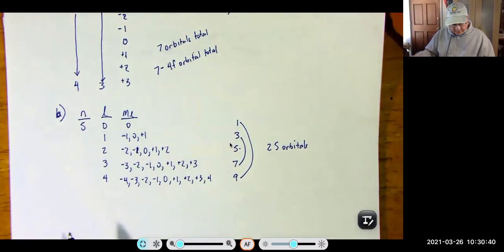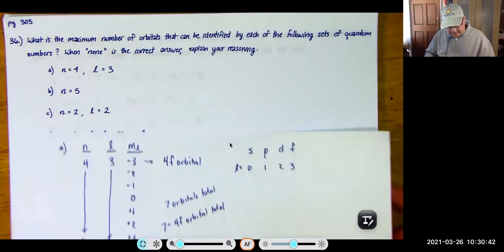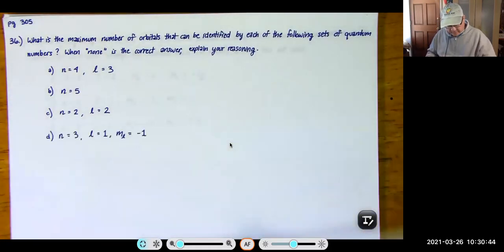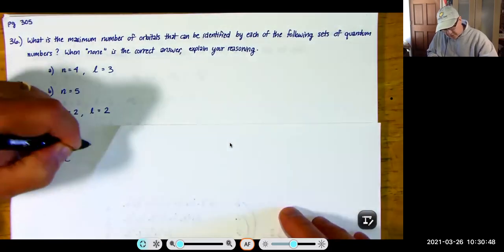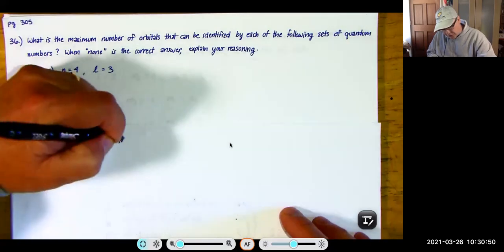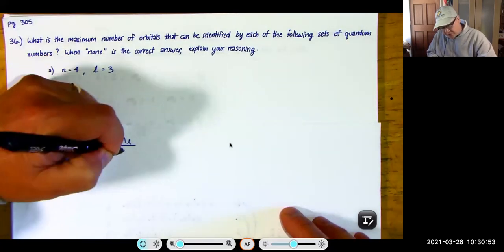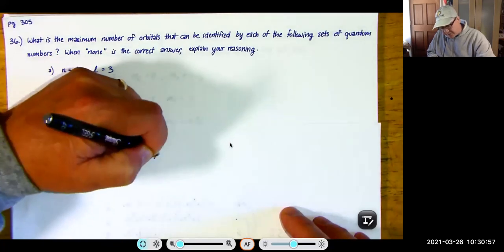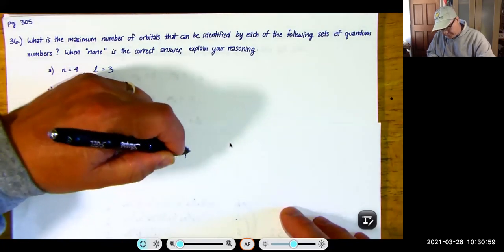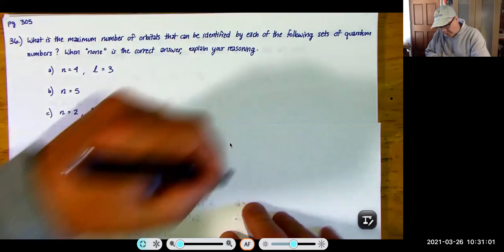Okay, so letter C. For n = 2, l = 2, I'm going to go horizontal again. -2, -1, 0, +1, +2. So 5 orbitals.